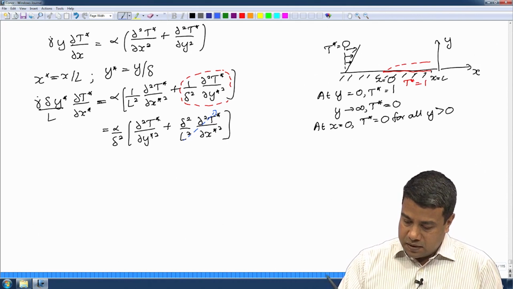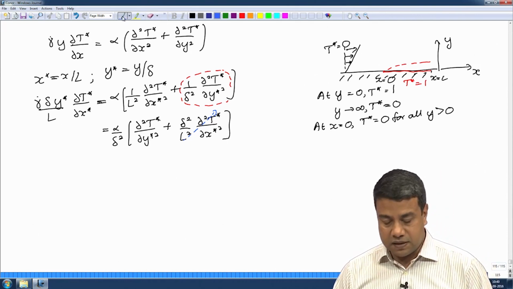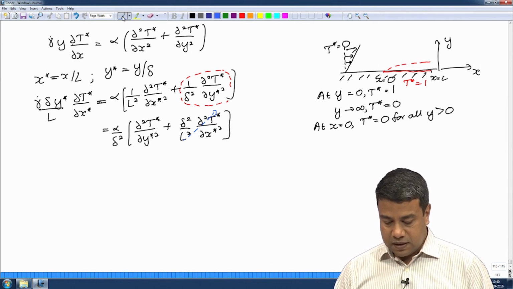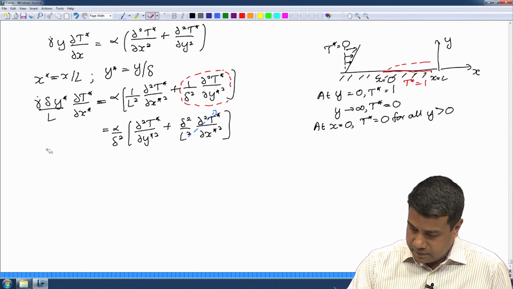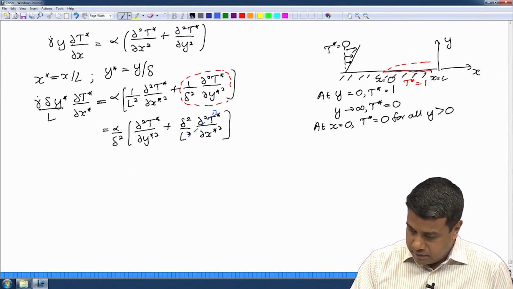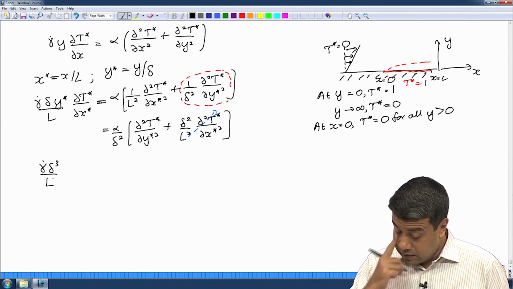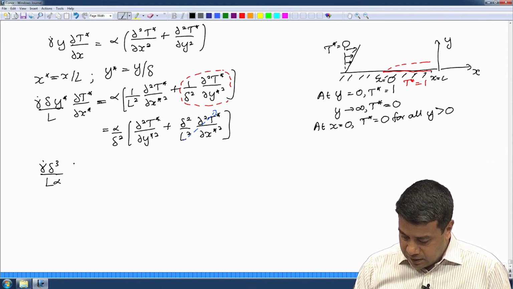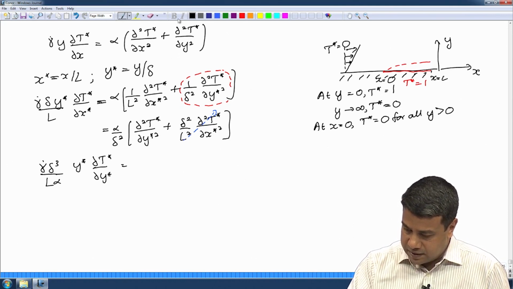So, now I can scale the equation. I can divide throughout by alpha by delta square. And what I will get is that gamma dot delta cubed by L alpha y star partial t by partial x star is equal to the diffusion term.